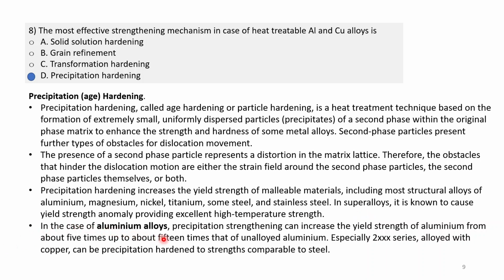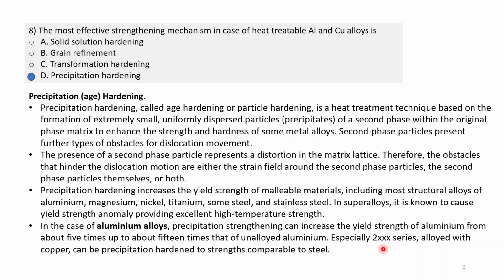And in the case of aluminum alloys, precipitation strengthening can increase the yield strength of aluminum from about 5 times up to about 15 times that of unalloyed aluminum, especially the 2XXX series.